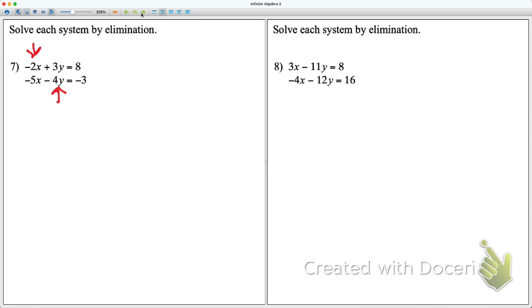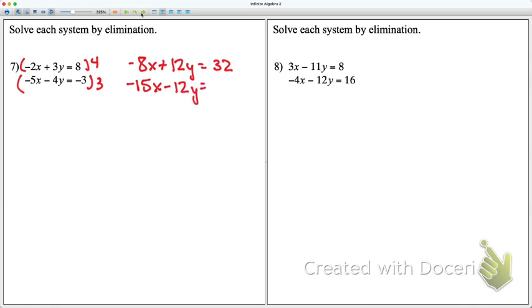Are we going to avoid that completely? No. But let's multiply the top one by 4 and the bottom one by 3, because those y's are positive and negative. So that gives me -8x plus 12y equals 32, and -15x minus 12y equals -9.